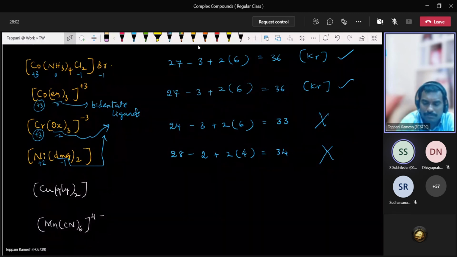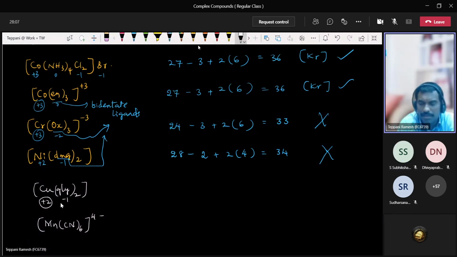+2, sir. Oxidation state of copper +2, yes, correct. Glycinate -1, correct. +2 again. Correct. 29, sir.